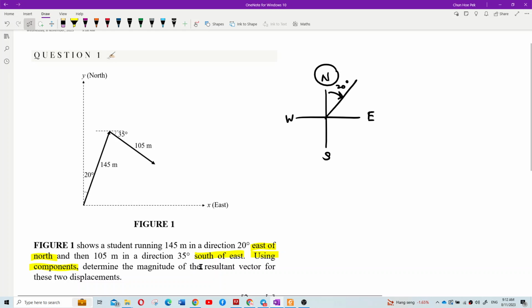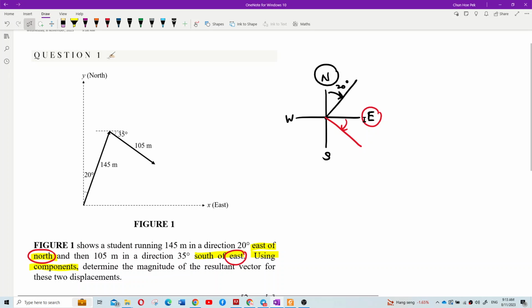Then this one, south of east. Be careful, always remember from where. East of north means from north. South of east means from east, go to south.